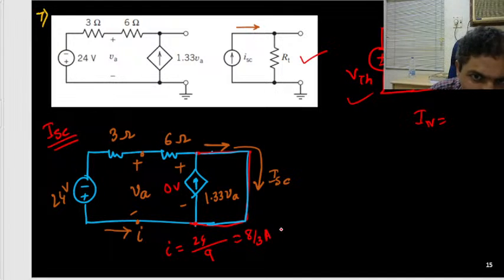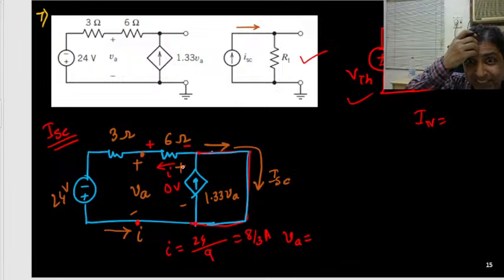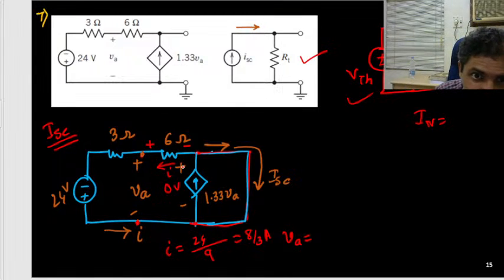Now, what is the potential VA? Can you find VA? VA is nothing but the potential across these 2 ends, which is the same as the potential across this 6 ohm, because there is no more voltage drop. Across 6 ohm, the same current I is going to this side. So VA, check the polarity.